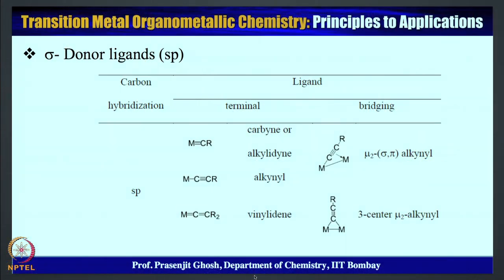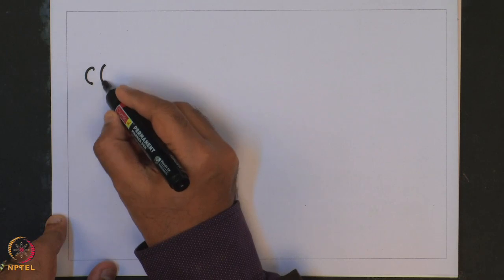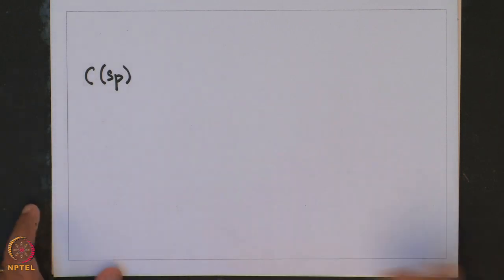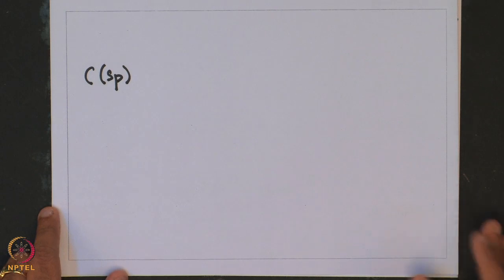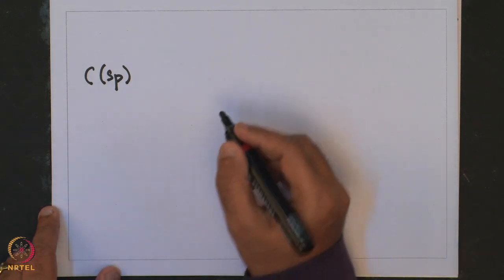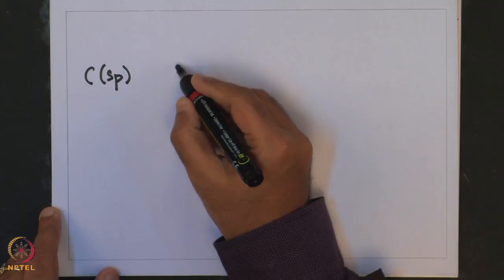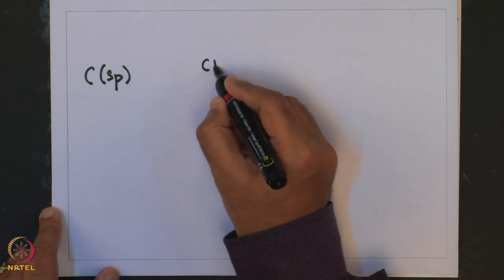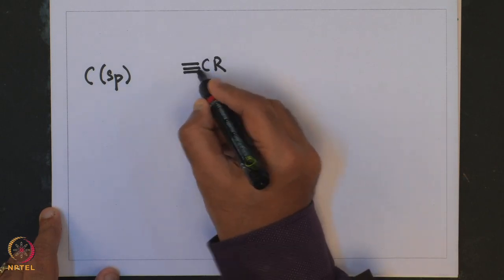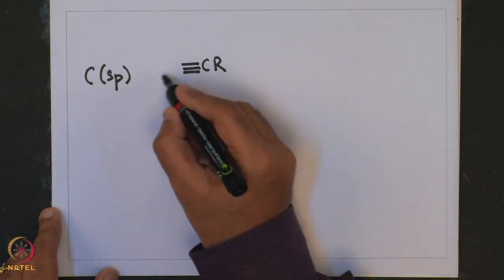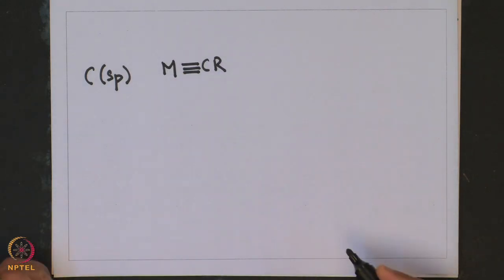Now, let us look at the third type of sigma donor ligands, which are carbon having sp hybridization. Here one can have a CR moiety bonded multiply to a metal center.